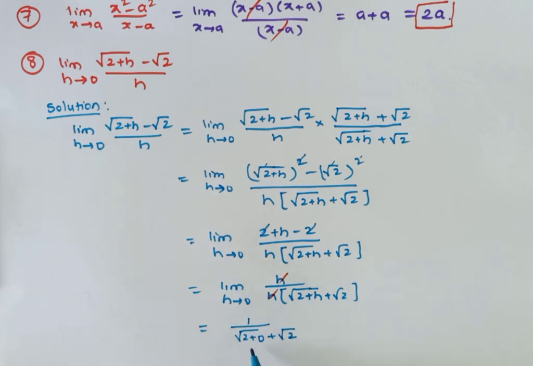So this is 1 by (root 2 plus root 2), that means 1 by 2 into root 2. So the limit for this problem is 1 by 2 root 2.